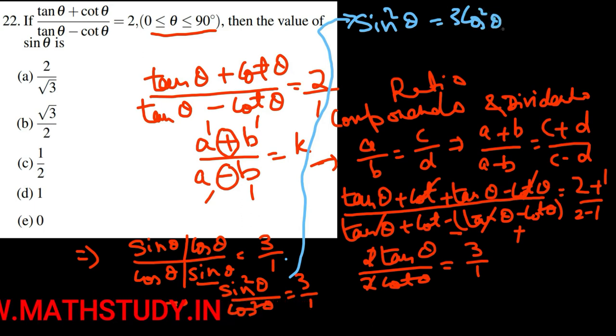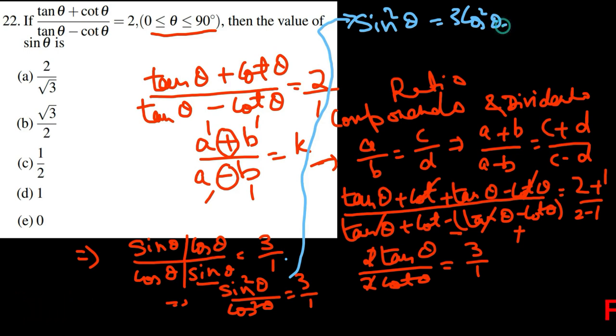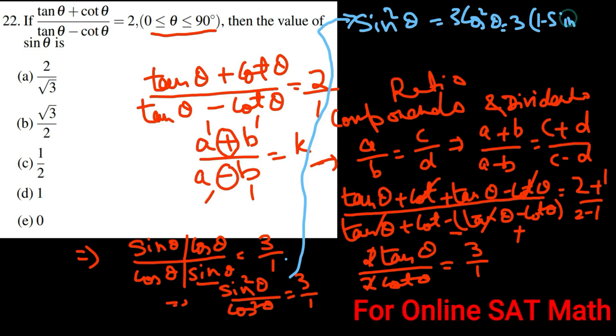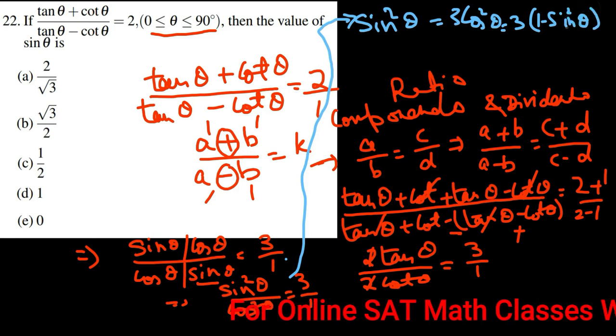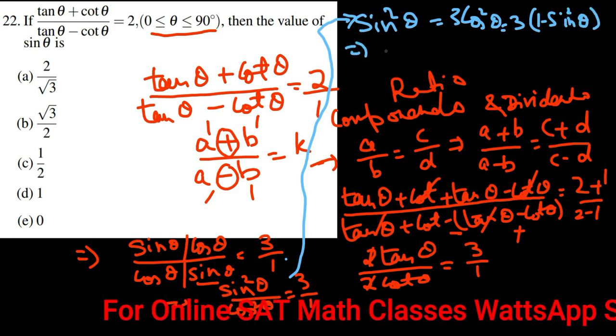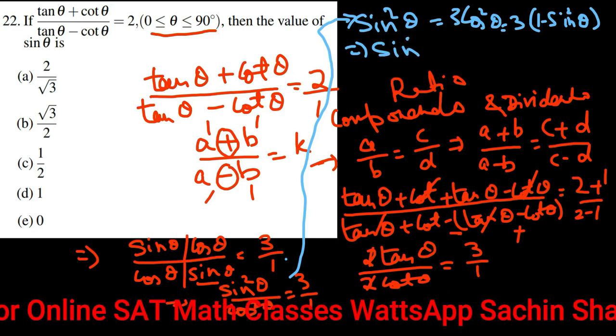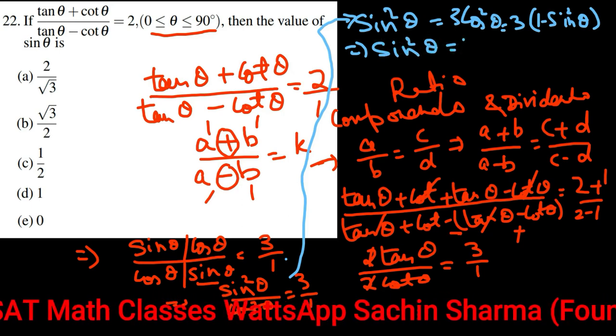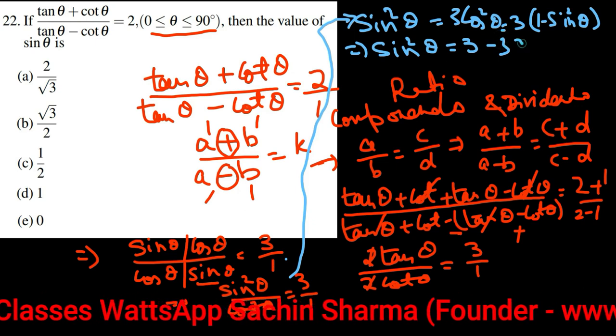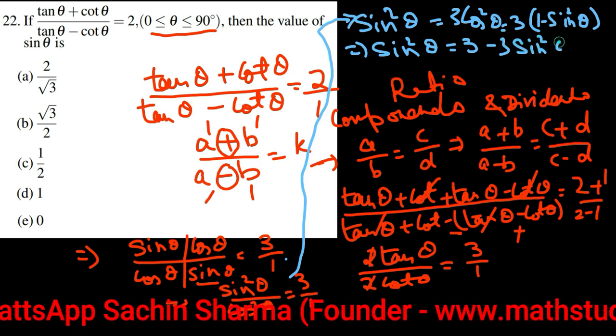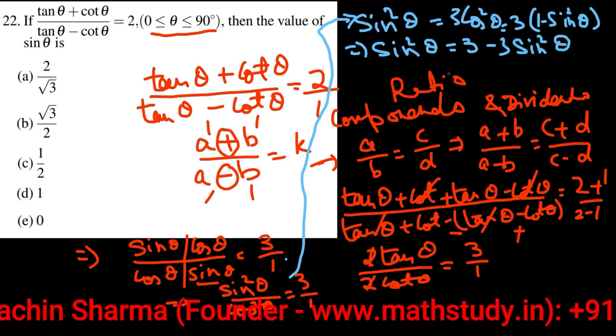Okay, now we can convert cos square theta into sin square theta as we require the value of sin theta. So this will become 3 into (1 minus sin square theta), right? So this further implies sin square theta equals 3 minus 3 sin square theta, right students?